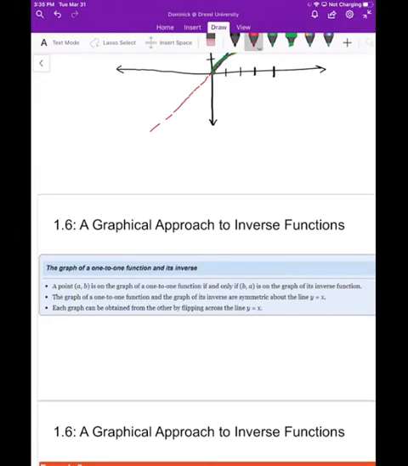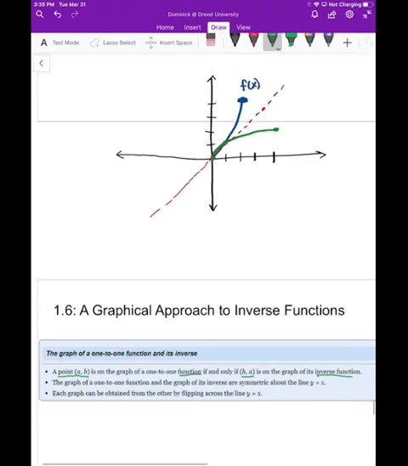Okay, so how can we look at a one-to-one function and its inverse on a graph? Well, we know that a point is on the graph of a one-to-one function if the opposite point, b comma a, is on its inverse, right?